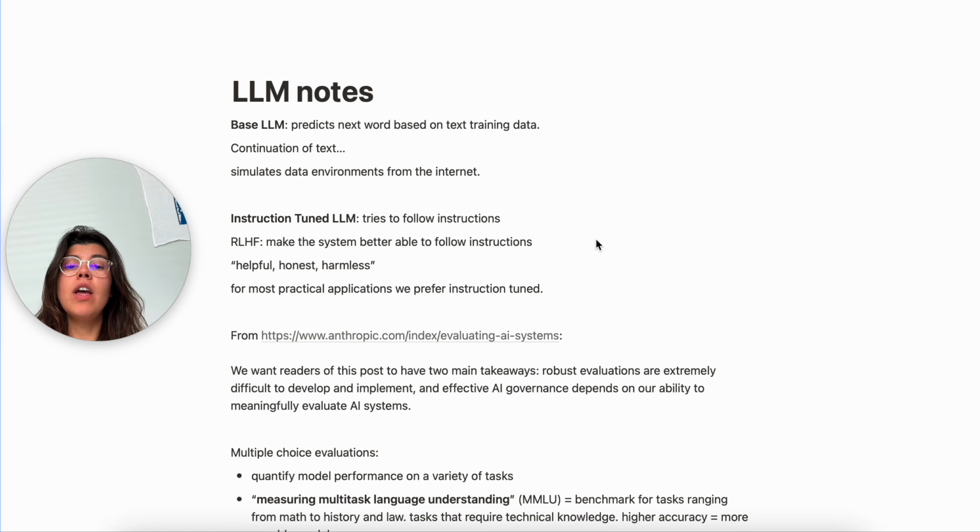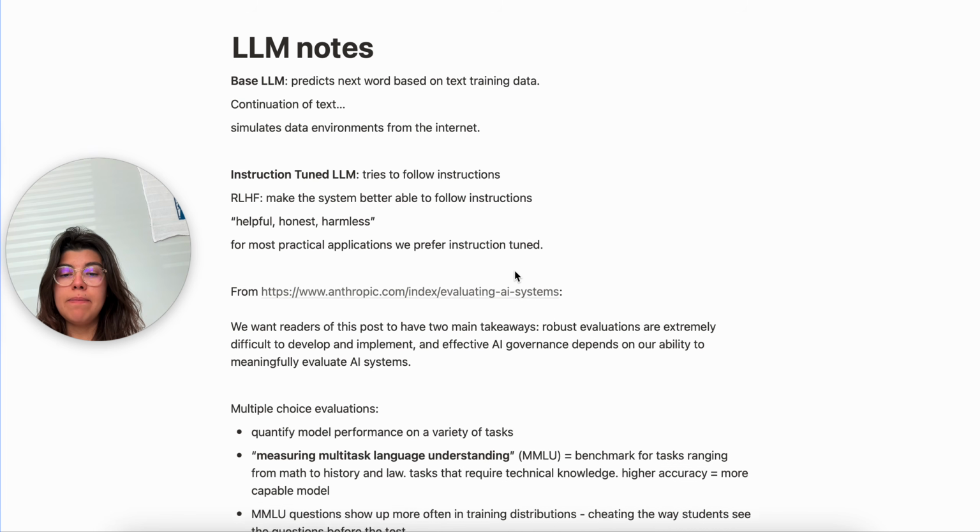For example, trying to follow instructions to become a helpful, honest, harmless assistant, which is something that you might encounter when you're using models such as ChatGPT, where the model tells you it is a helpful, honest, harmless assistant, and so on. This is what the model has been specifically fine-tuned to be.